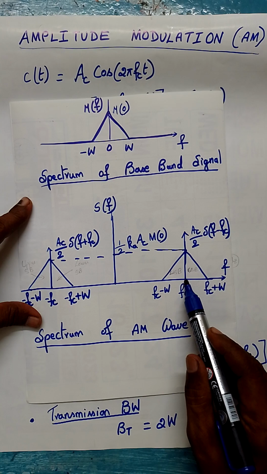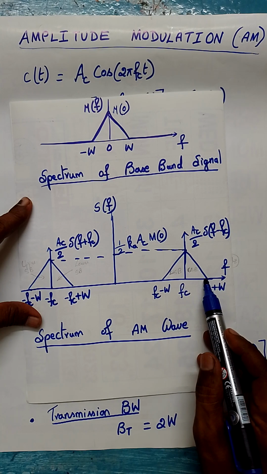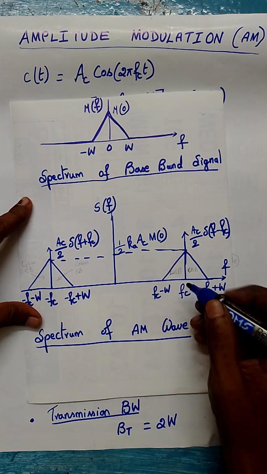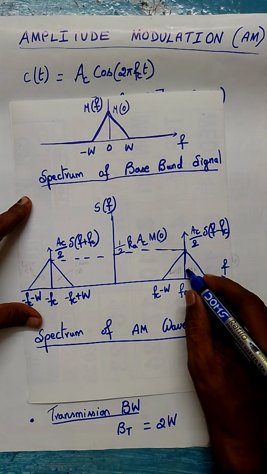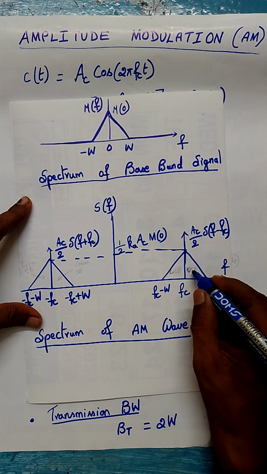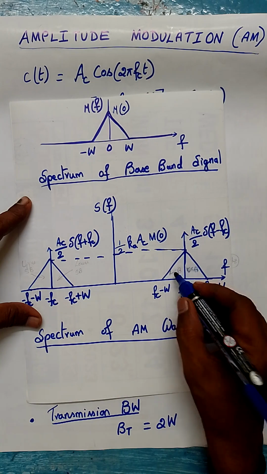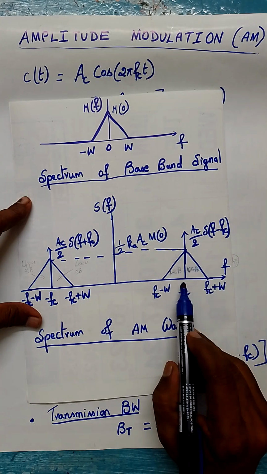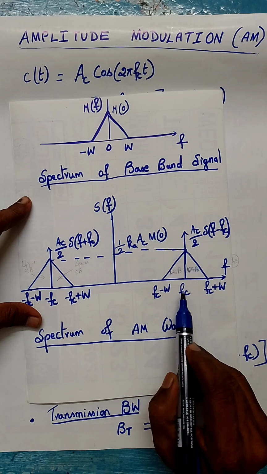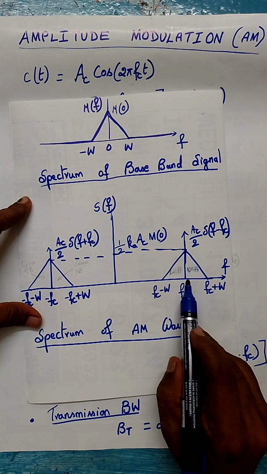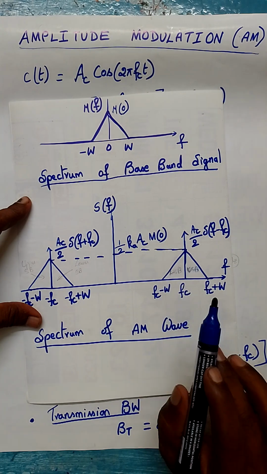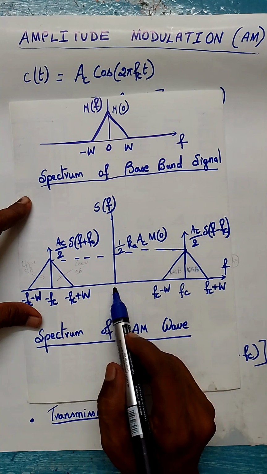Here it is the carrier frequency, the upper side we call the upper sideband, and here we call it the lower sideband. So this is USB, upper sideband, and this is the lower sideband. So as such, we have all the frequencies, the information, in the upper sideband as well as in the lower sideband. This is with respect to this point.